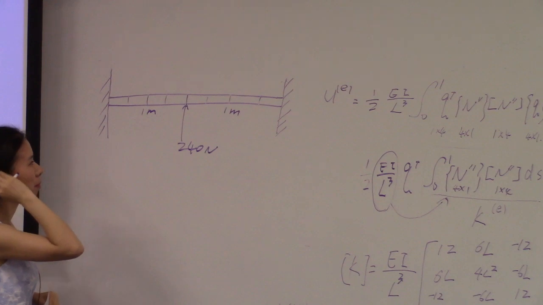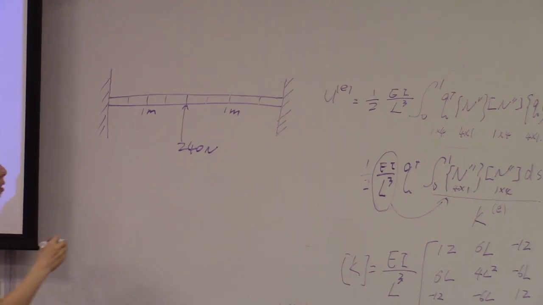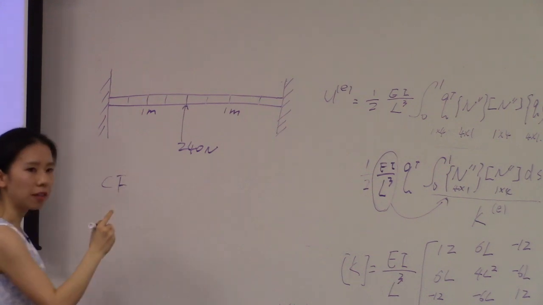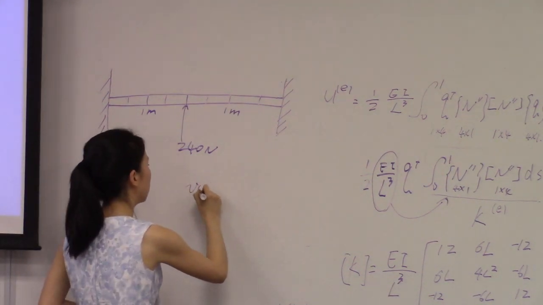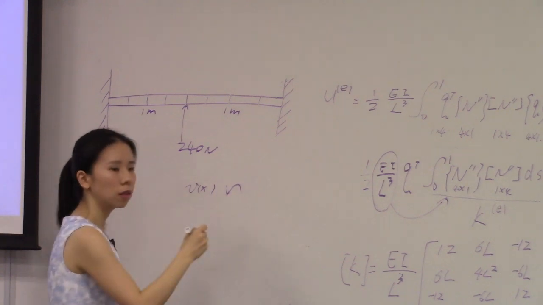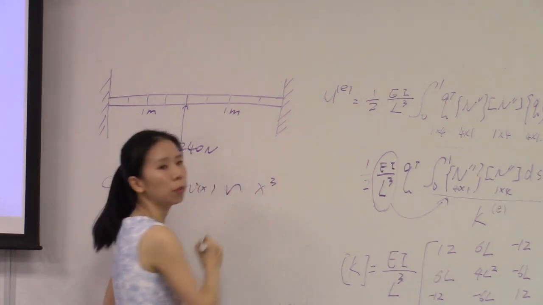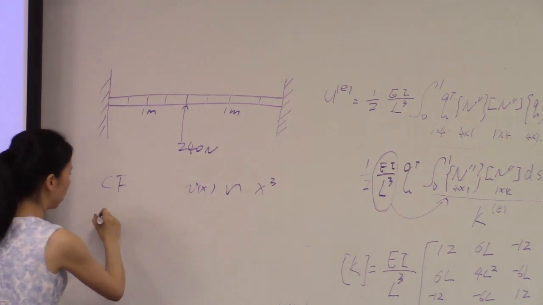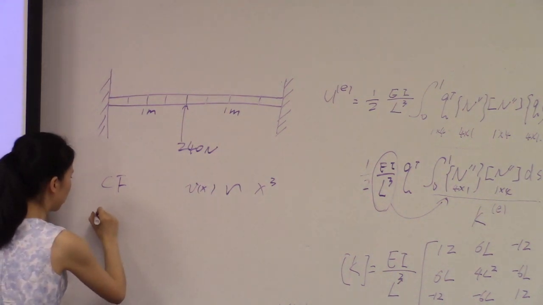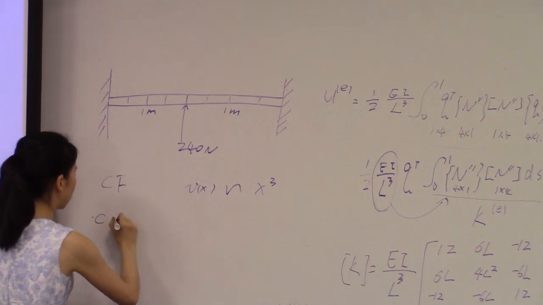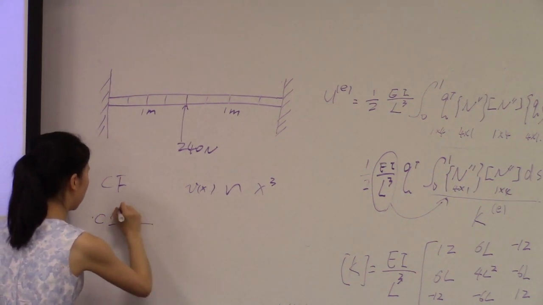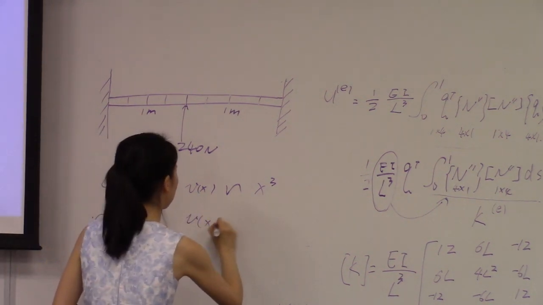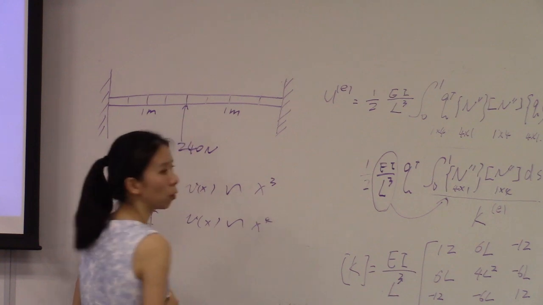As I said, for different loading conditions, if it's a concentrated force, the exact deflection should be a function of x cubic, right? I talked about this in the Abaqus tutorial. If it's a constant distributed force, the deflection should be x to the 4th order.